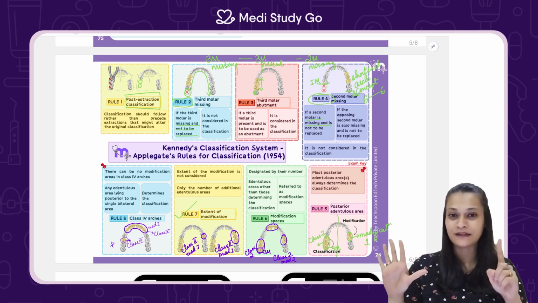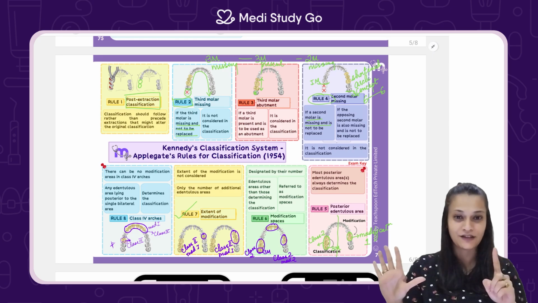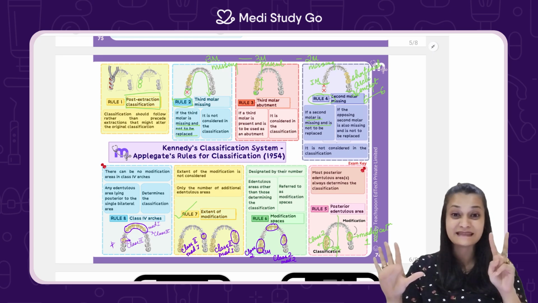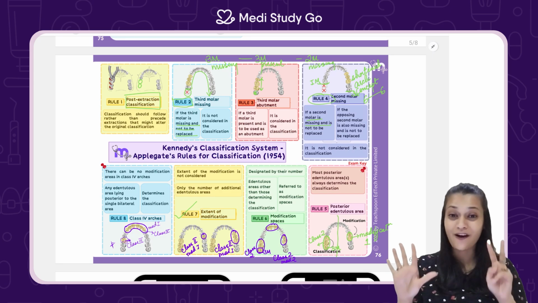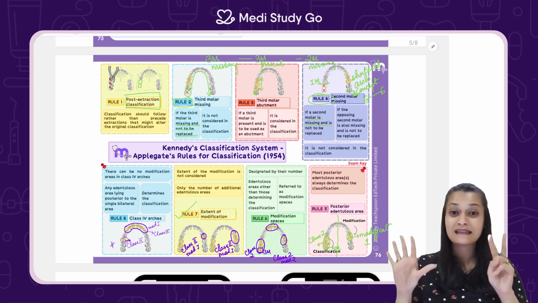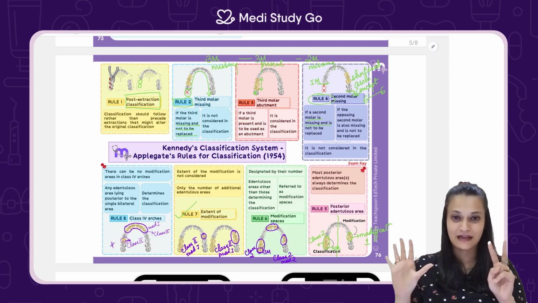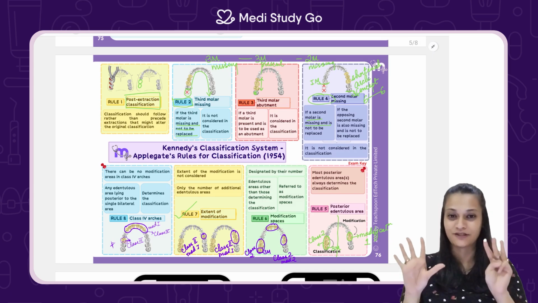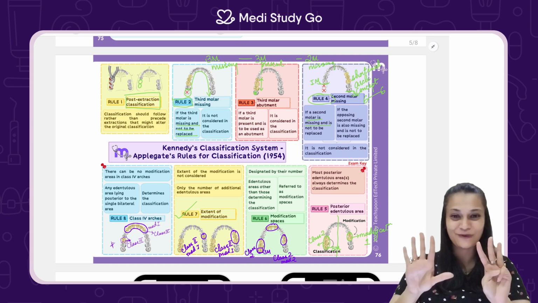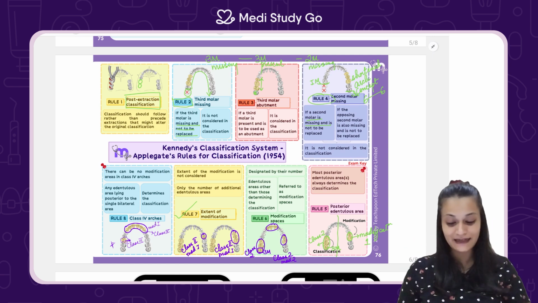Anything apart from the determinant space will be your modification space. Number of missing teeth does not matter. Extent does not matter. All we are concerned about is the number of spaces that are present. Class 4 can never have any modification space. And this was altogether 8 Applegate rule.